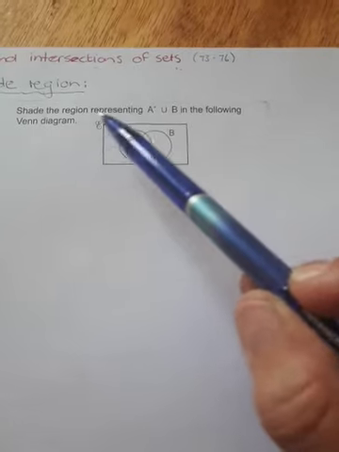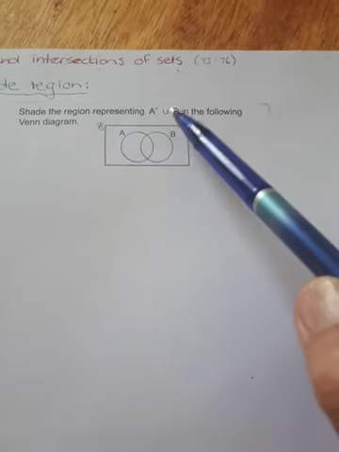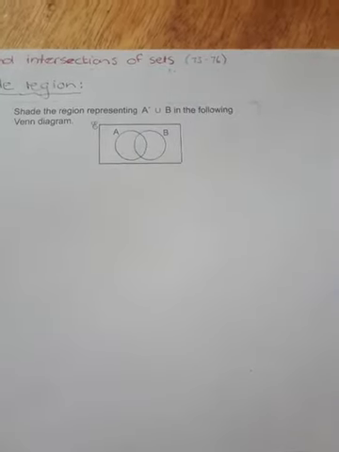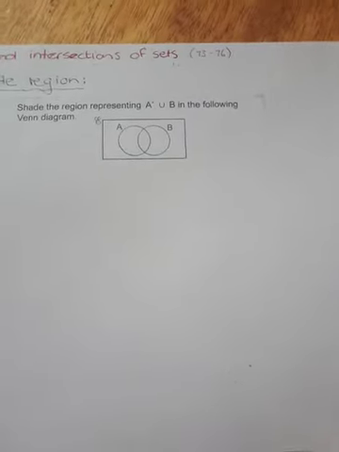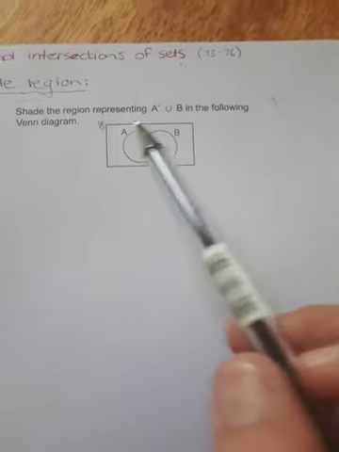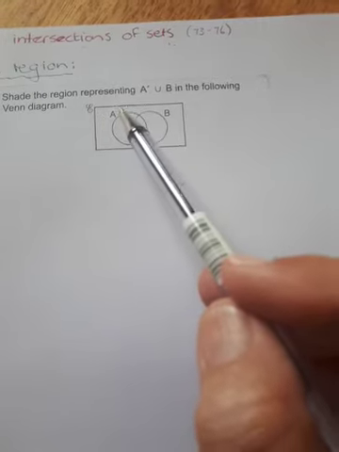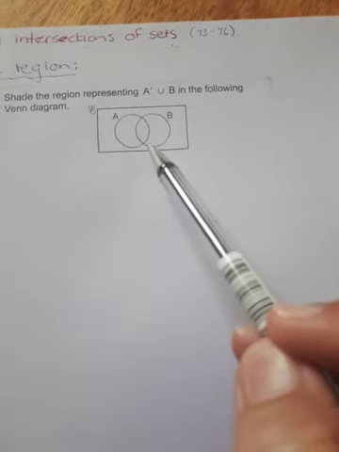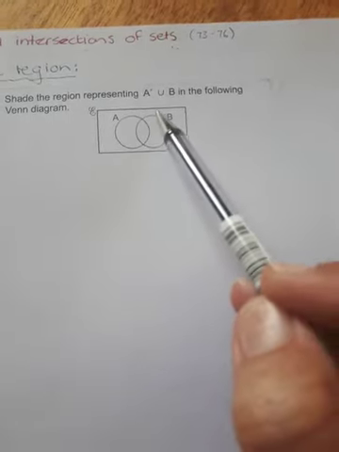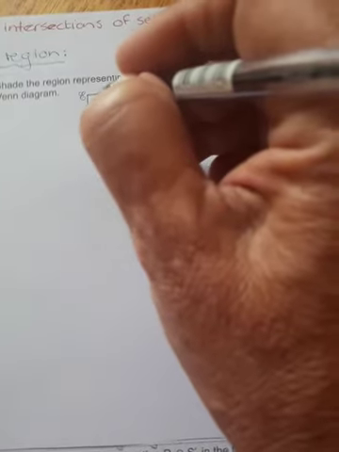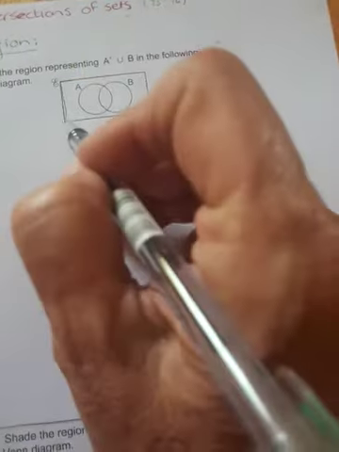Now if you have a Venn diagram, independent of what is being asked, you will first label your regions. In this case, if you look at the drawing, you basically have 4 regions. The first one is in the rectangle outside the circles. Let me just shade it this way.